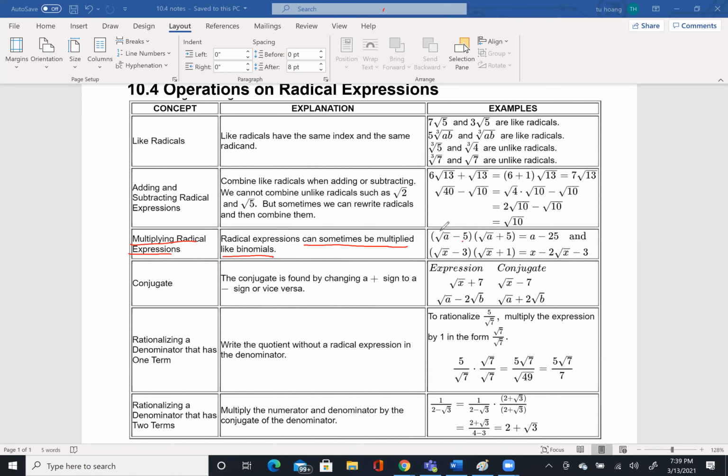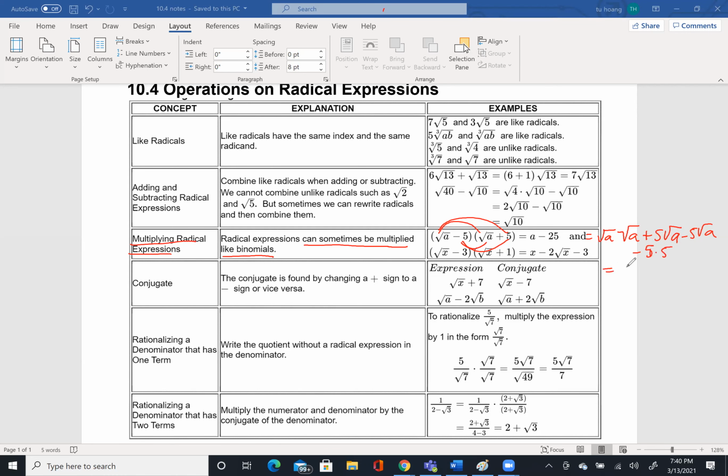So with the distribution you have square root of a multiplied by square root of a, and then plus 5 square root of a, and the next one gives you minus 5 square root of a, and minus 5 times 5.